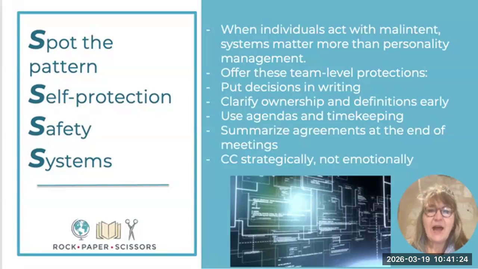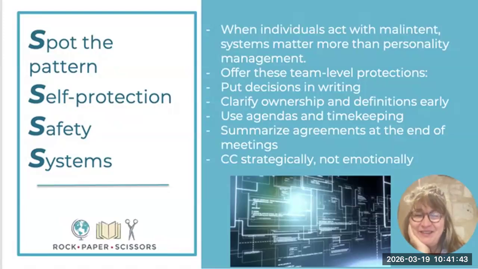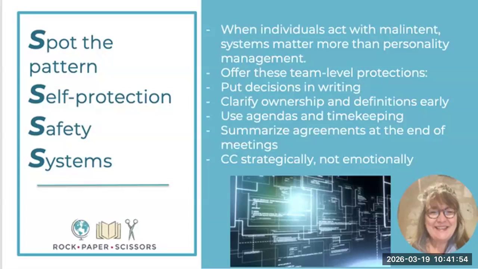And looking at how the overall team is doing. Putting things in writing becomes really important. Clarifying ownership, using agendas, timekeeping, summarizing agreements, and, having consulted with the UN for many, many years and with lots of other organizations, I think this is a key one too: CC emails strategically, not emotionally. Right. Okay.